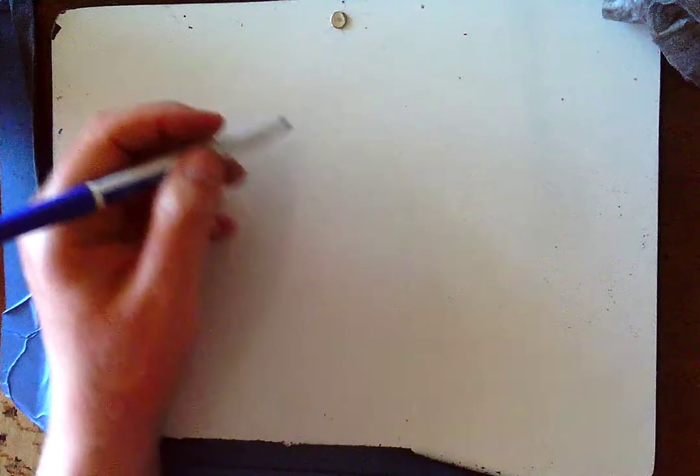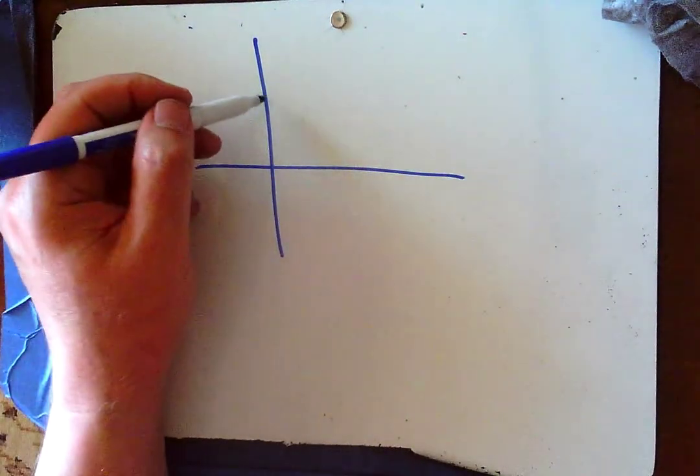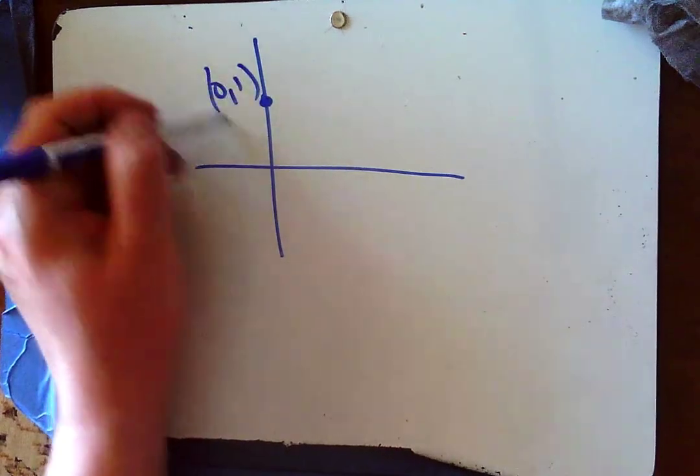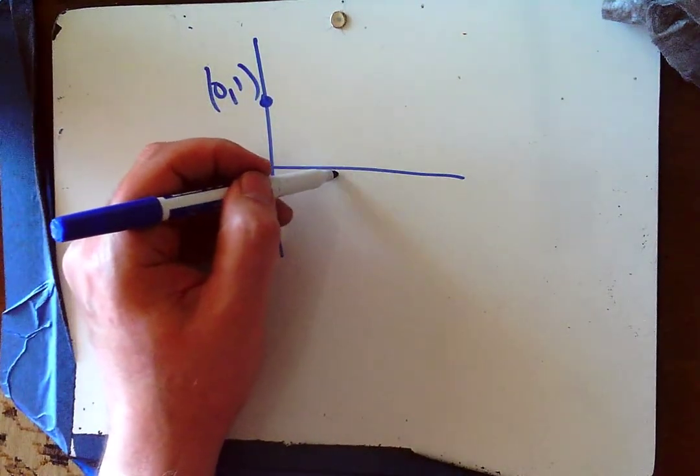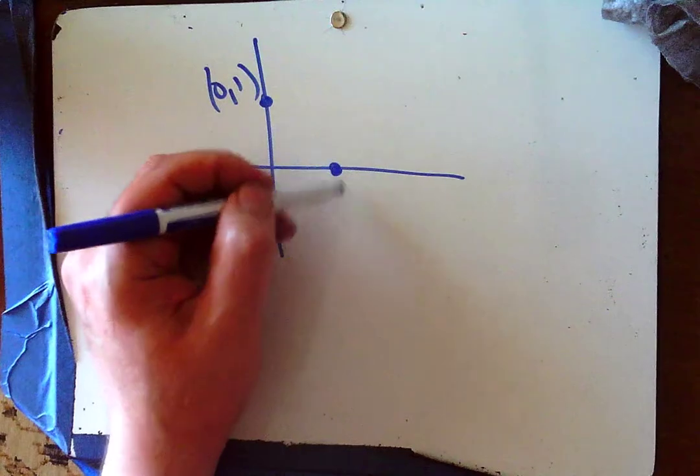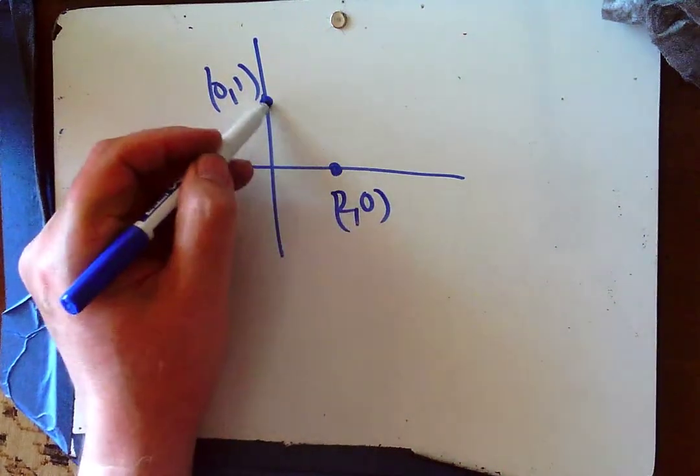So I'm going to give you a graph and ask you to write the piecewise function for it. So my graph has a closed circle at 0, 1 and goes to 2, 0.